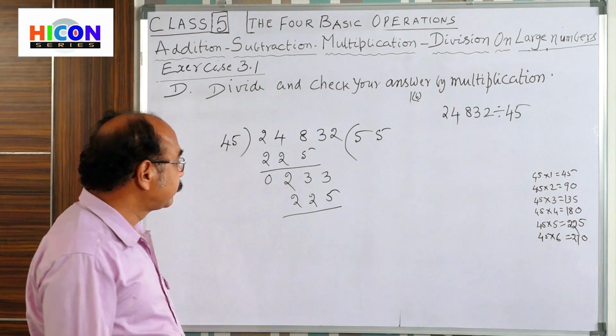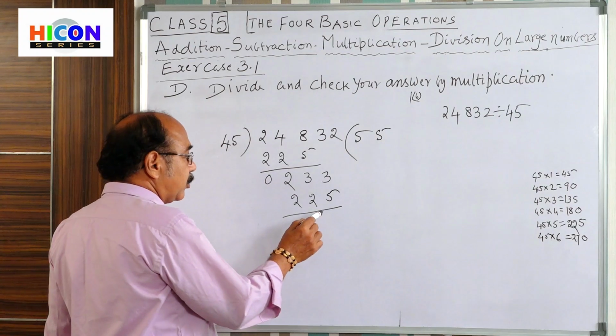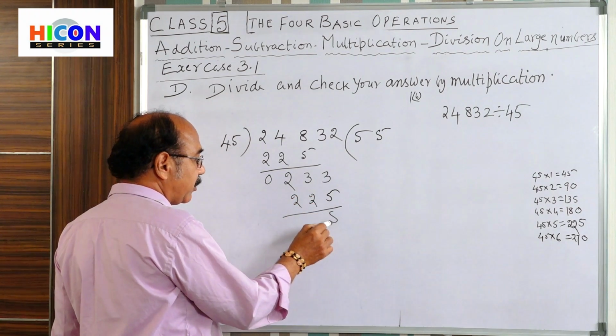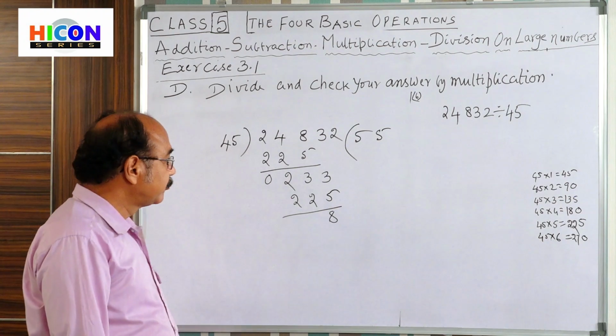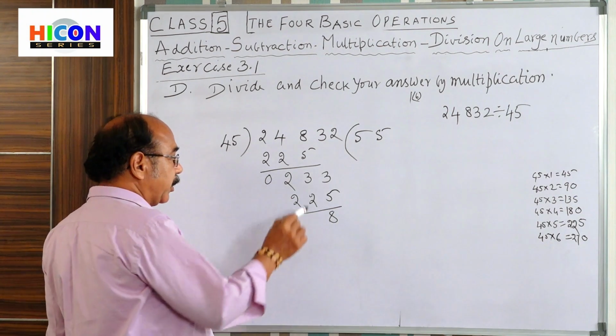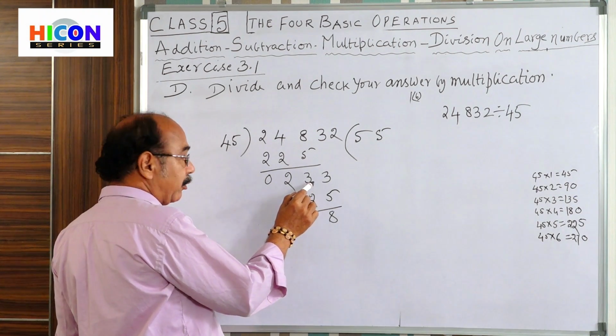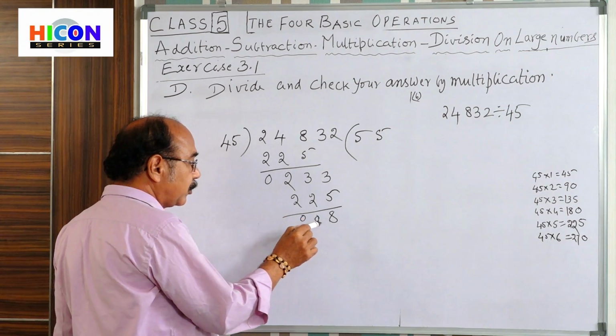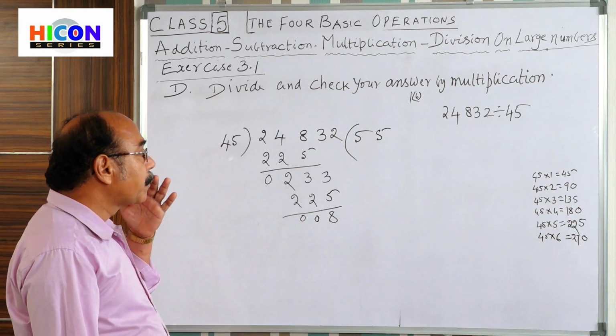Subtraction: 3 minus 5, take borrow, 13 minus 5 is 8. Here 2 minus 2 is 0, and 2 minus 2 is 0. So 8.